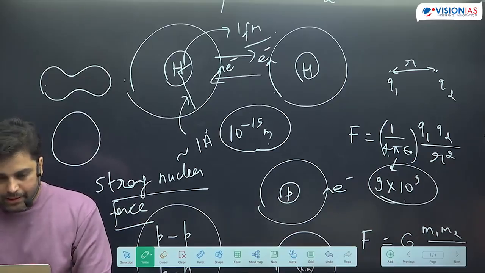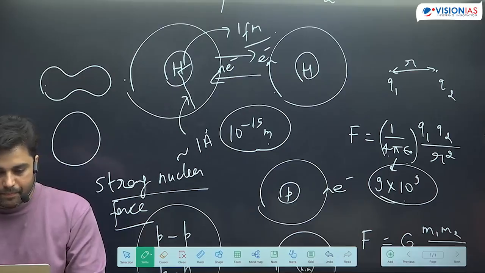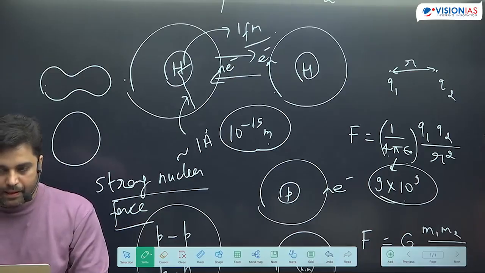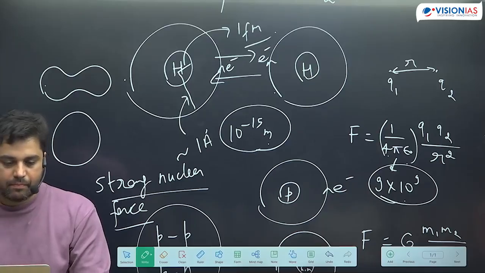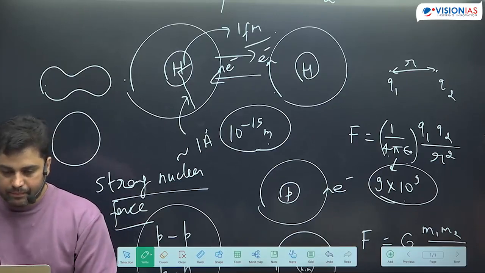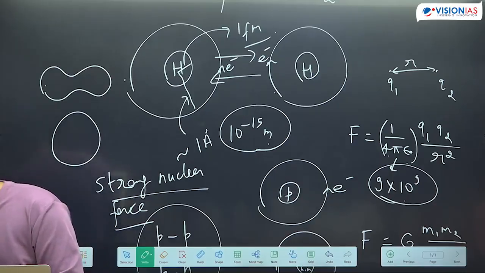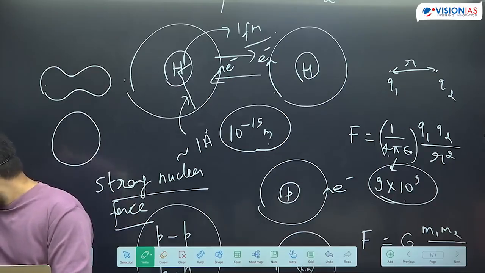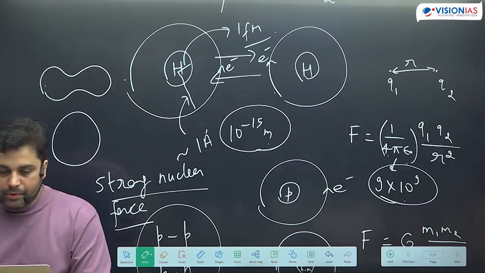Nuclear fusion is the process by which lighter nuclei combine to form a heavy nucleus.